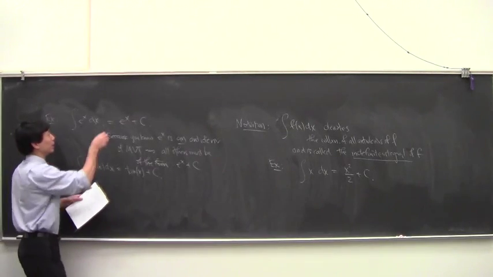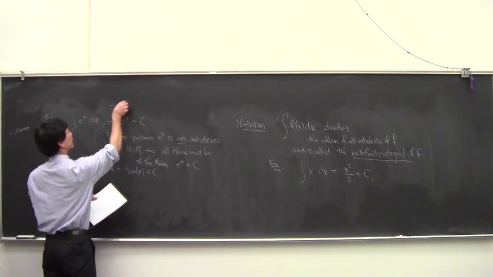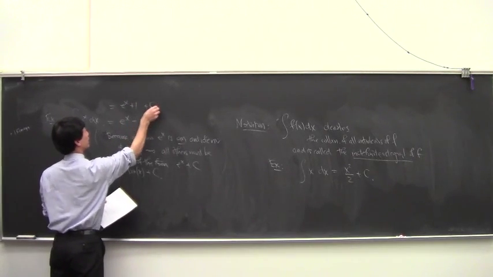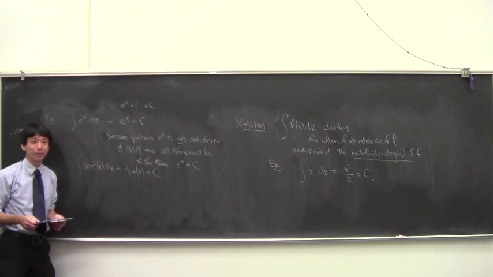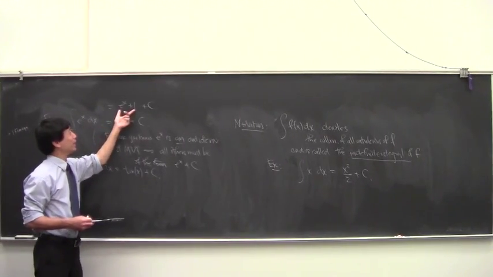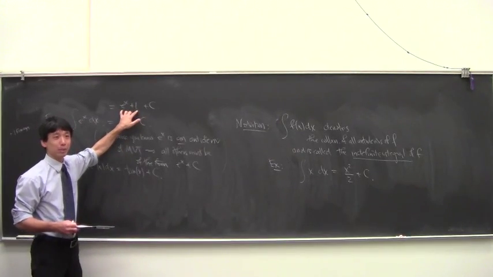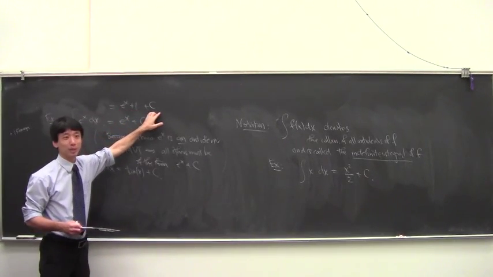You could be kind of silly about this, and you could say the antiderivative of e to the x is e to the x plus 1 plus c. That's actually a perfectly legitimate answer. It's just dumb. Because you'd say, well, look, e to the x plus 1 is an antiderivative, and so all the other antiderivatives have to differ from it by some constant.